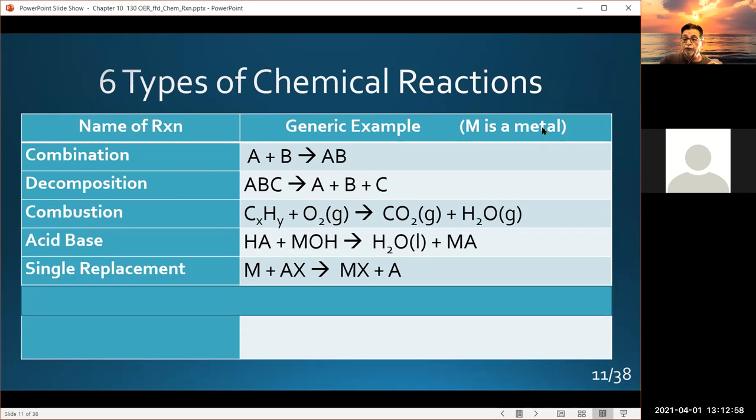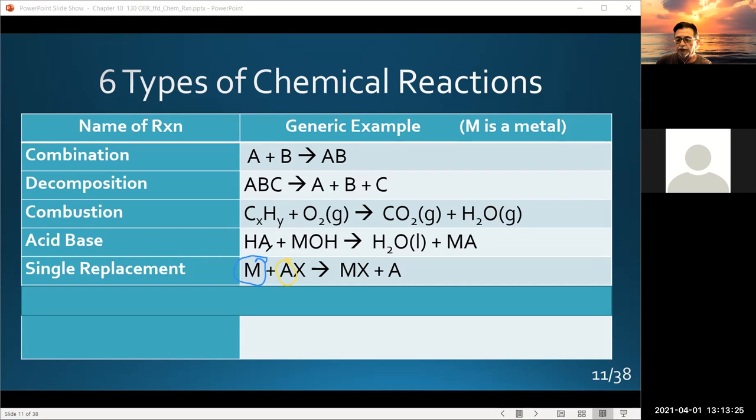Now, what we have to recognize is that in a single replacement reaction, you have two things. One, you have a metal in the elemental form all by itself, M. And then you have a second metal that is not in elemental form, but is in ionic form. It is a compound, bonded to X, whatever X may be.